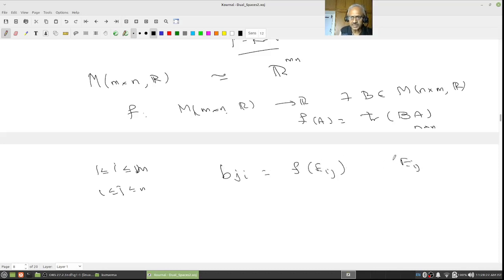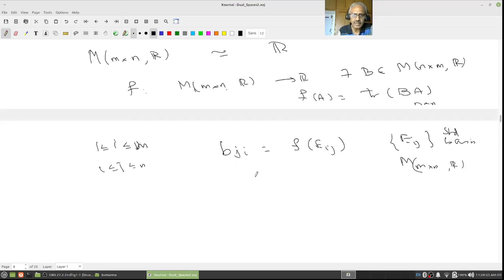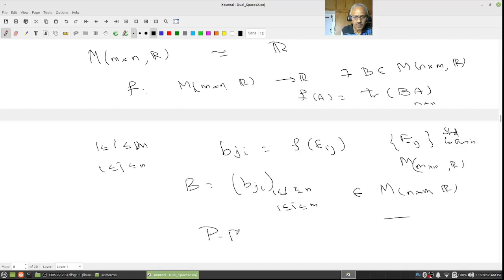Again, the same matrices, the standard basis of M cross N over R. Therefore, I get a matrix B which is B_ji, but j runs from 1 to N and i runs from 1 to M. Therefore, this matrix belongs to M of N cross M over R. So, I leave the details. Please check.